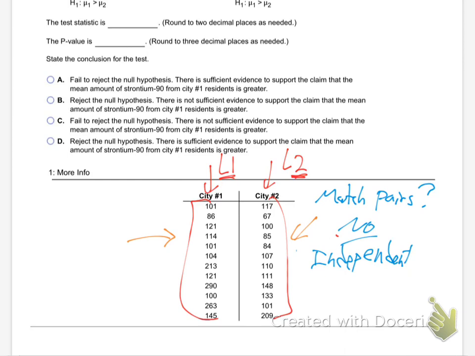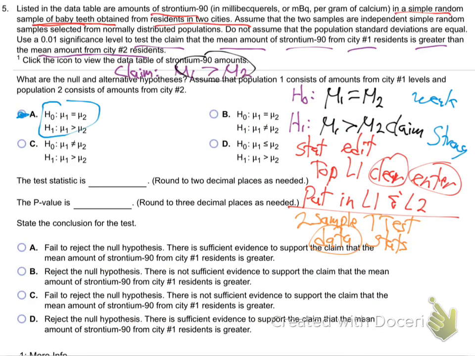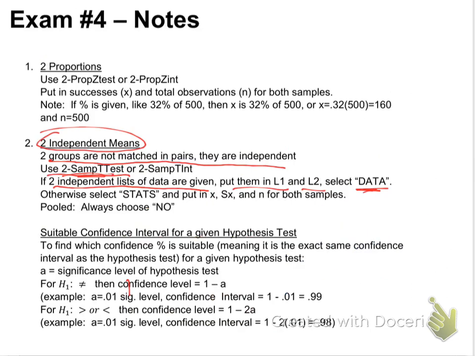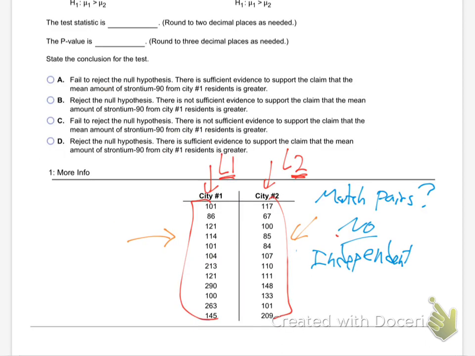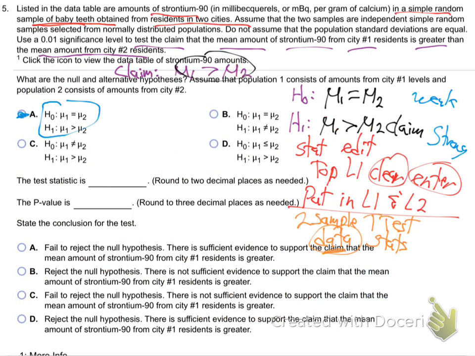That data will give us all of our decisions. So select data, and then what else does it say? After choosing data, and we always choose no for pooled.